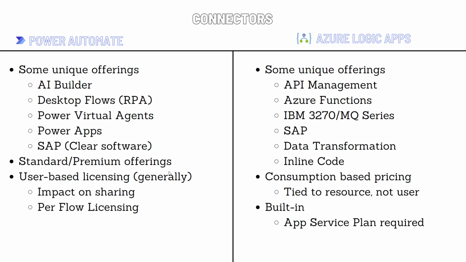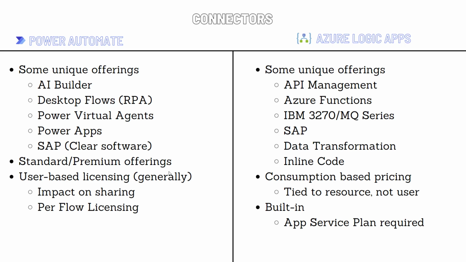Now, we do have a couple of mechanisms we can use inside of Power Automate to deal with this. Per flow licensing is more suited for large volume scenarios where you might have many users that need to call this flow. Maybe it's a manual trigger, and you don't want every one of those users to have a license to use that particular flow because it has premium connectors.